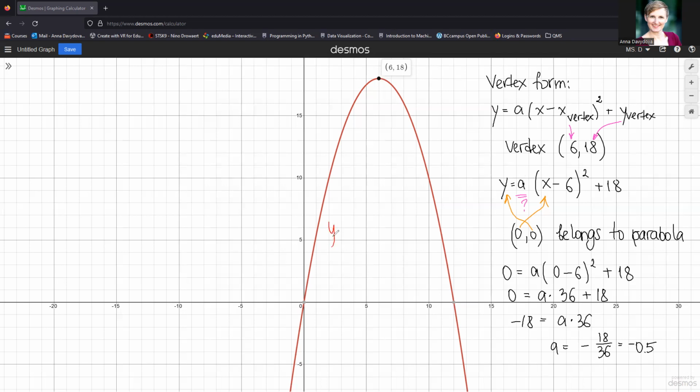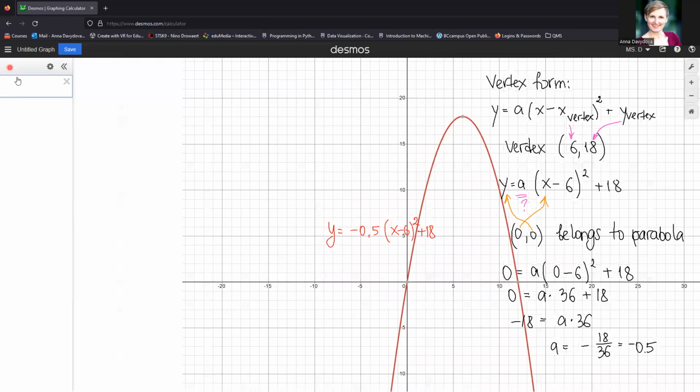And now I put a back into the equation. My equation should now look like y equals negative 0.5 times (x minus 6) squared plus 18. And if I punch this into Desmos, my new graph should cover the existing graph.